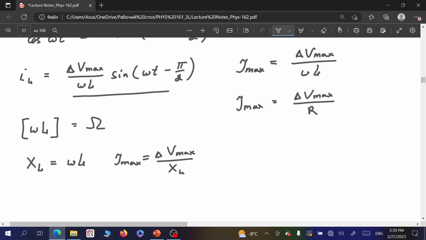As you see, inductive reactance is a function of frequency, while active resistance is frequency independent. So now, any suggestions why inductive reactance, the opposition of inductor to AC current, increases with frequency?